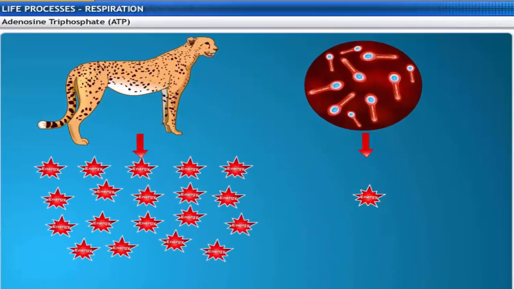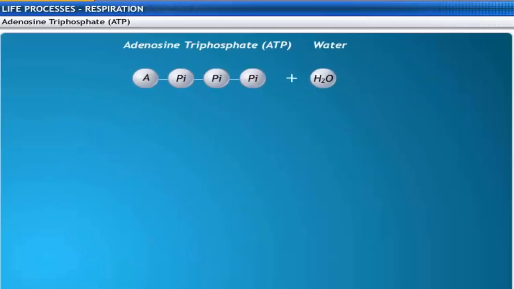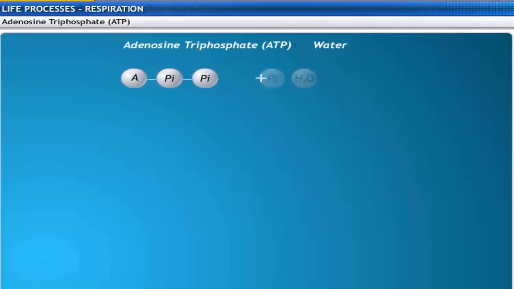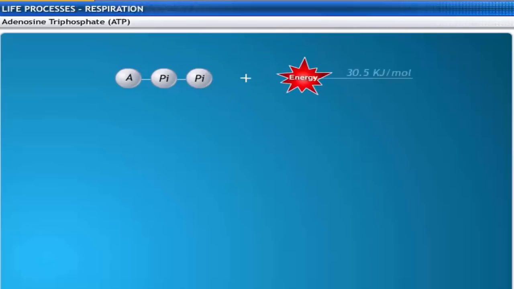The energy released in the aerobic process is 19 times greater than in the anaerobic process. When the terminal phosphate linkage in ATP is broken using water, energy equivalent to 30.5 kilojoules per mole is released.